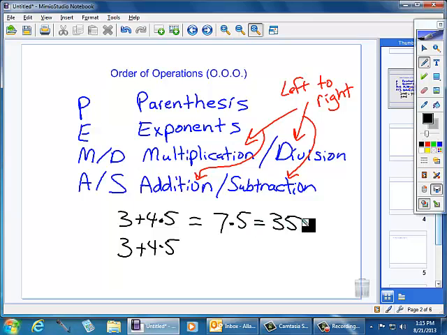Other people use the order of operations. What do we do before? We have multiplication here and we have addition here. So we're going to do multiplication first. The right answer should be 3 plus 20, 4 times 5, and 3 plus 20 is 23. Obviously, you can get different answers if you do not follow the order of operations. This one is wrong.